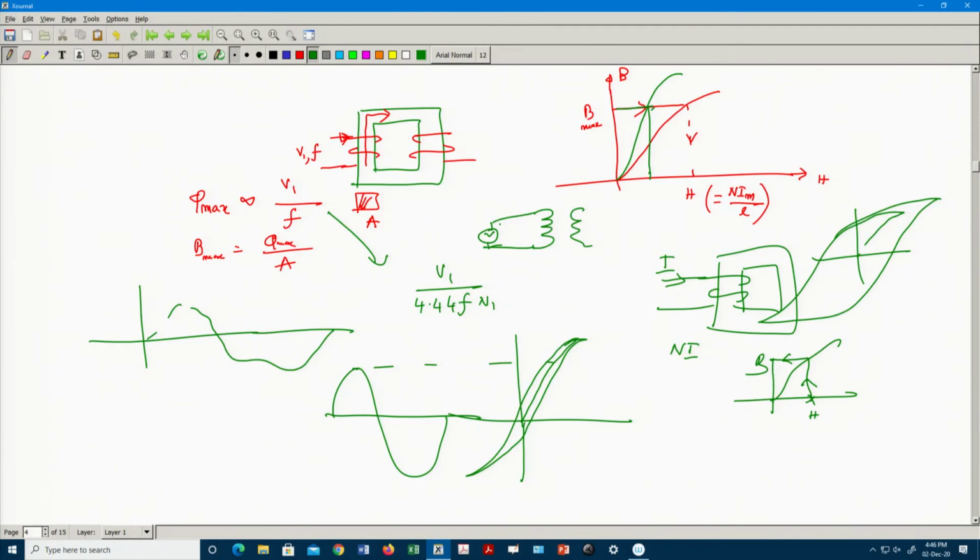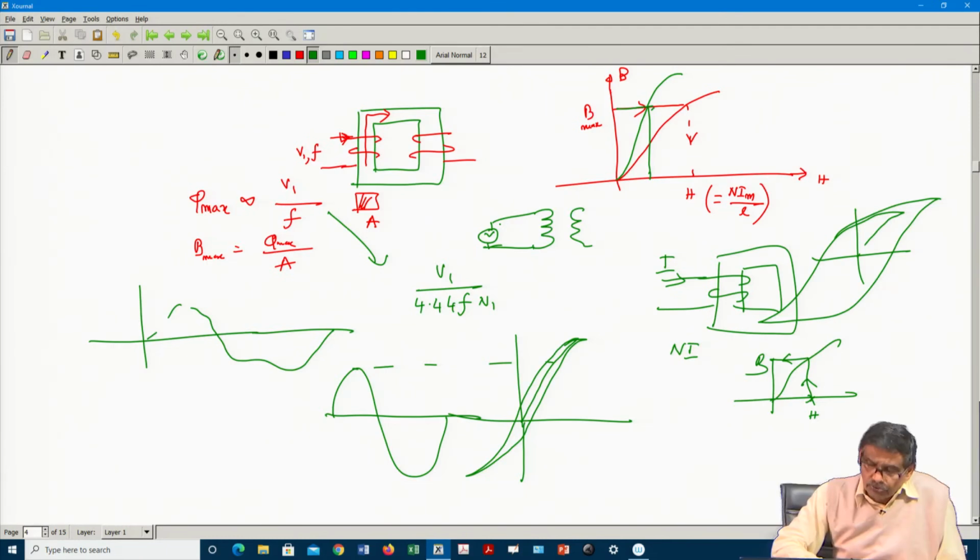The moment you do that, a sinusoidal flux has to be developed in the core, and to establish a sinusoidal flux you require a third harmonic component of the current to be present, is it not?